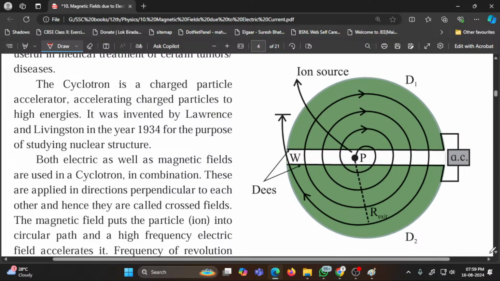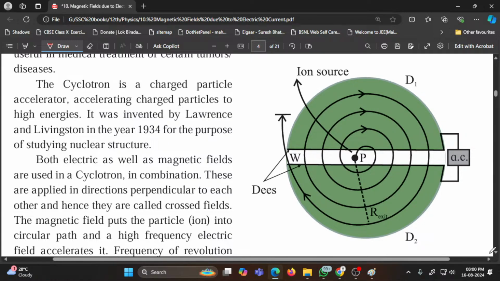Whenever the ion moves from one D to the other, it is accelerated due to the potential difference between the two Ds, and again performs a semicircular motion. Thus the ion is acted upon by the electric field every time it moves from one D to the other D. As the electric field is alternating, its sign is changed in accordance with the circular motion.